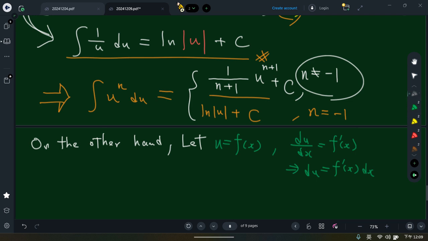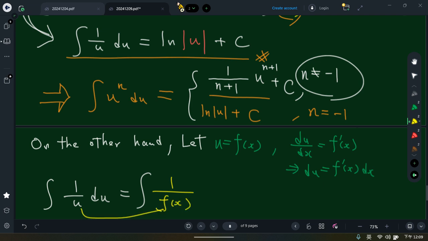So if we encounter 1 over u du, we can just replace it as 1 over f of x times du, which is f prime x dx.